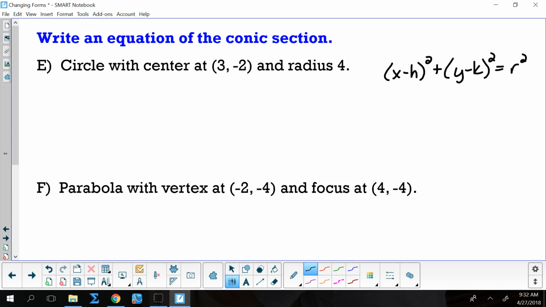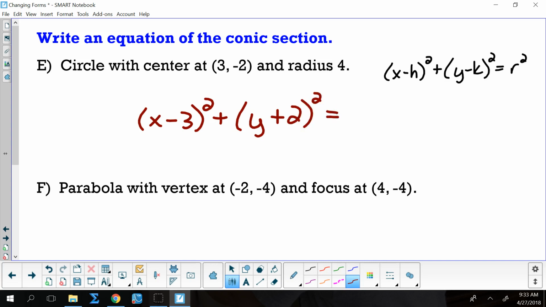What's k? -2. What's r? 4. So the equation here should be x minus 3 quantity squared plus y minus -2 quantity squared equals 4 squared, which is 16. Yes? Okay.